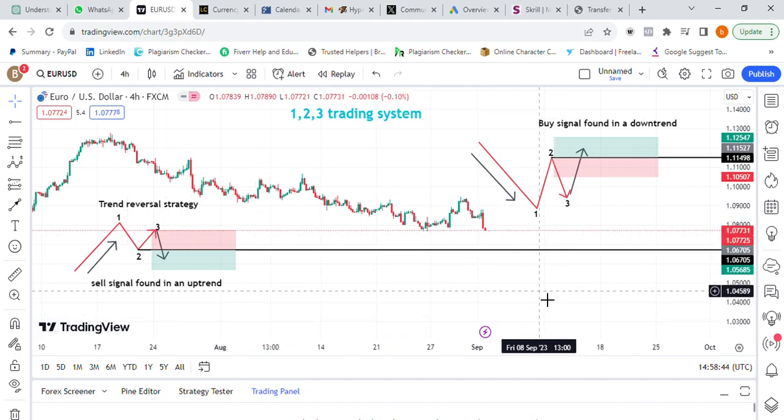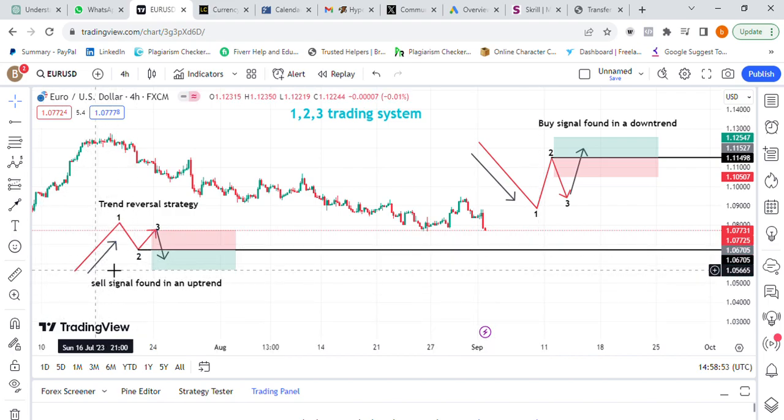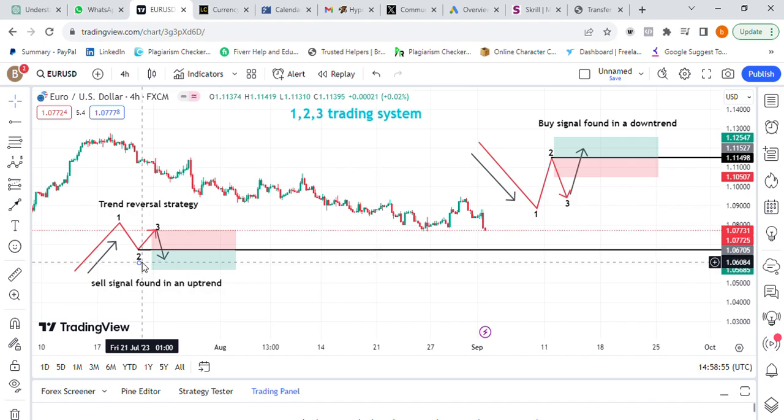Now, let's recap again. First of all, there has to be a trend, which is this, an uptrend. So this is the trend. Then the market retraces down to point 2, goes up a bit, but not up to the previous high.